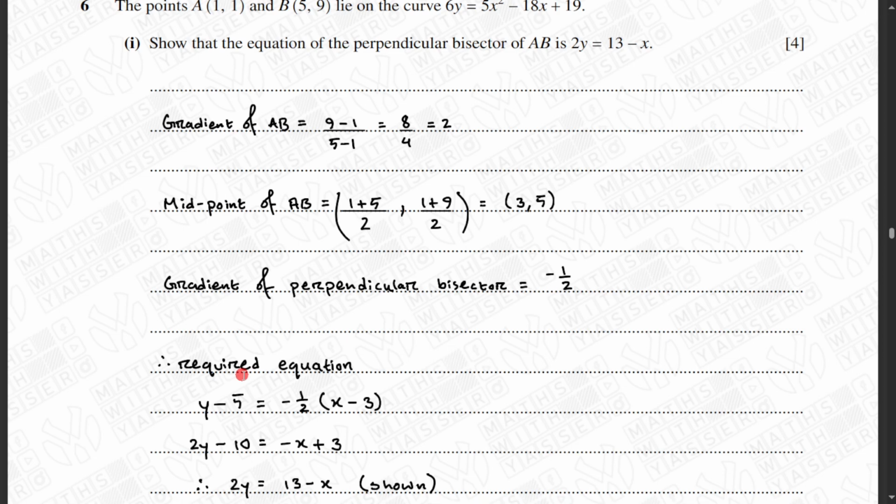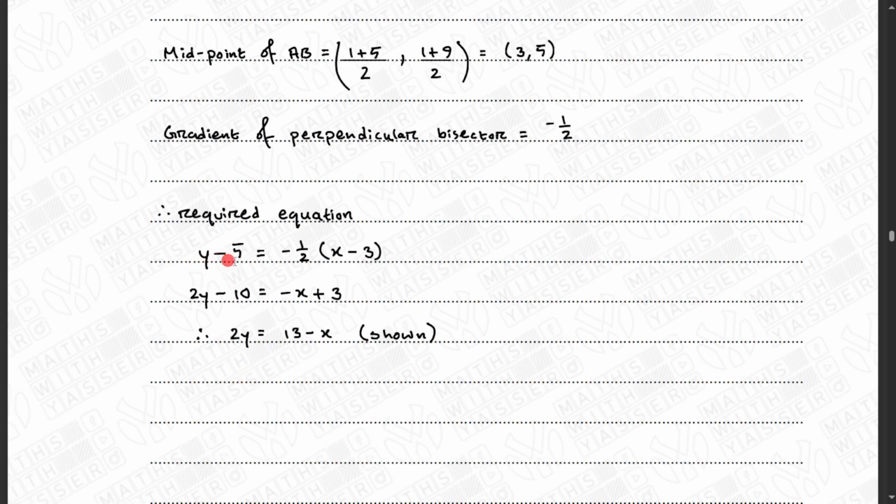So the required equation is y minus y1 equals m times (x minus x1), where y1 is 5, the gradient is minus half, and x1 is 3. So cross multiplying this, we get 2y minus 10 is equal to minus x, minus minus 3 becomes plus 3.